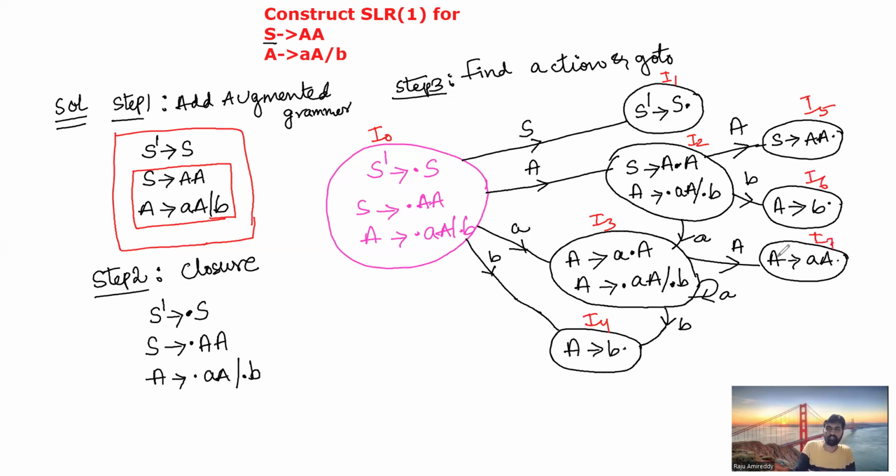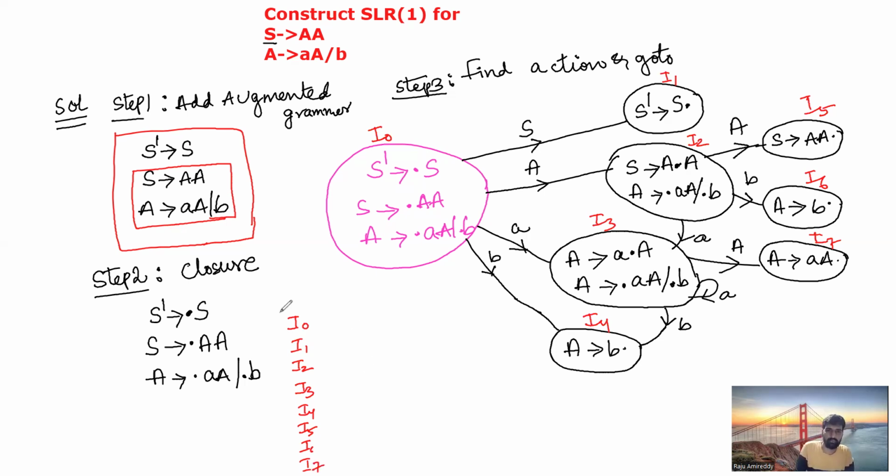So total how many values are there? 8 values are there. Just to write all the values as it is here. So the values are I0, I1, I2, I3, I4, I5, I6 as well as I7.